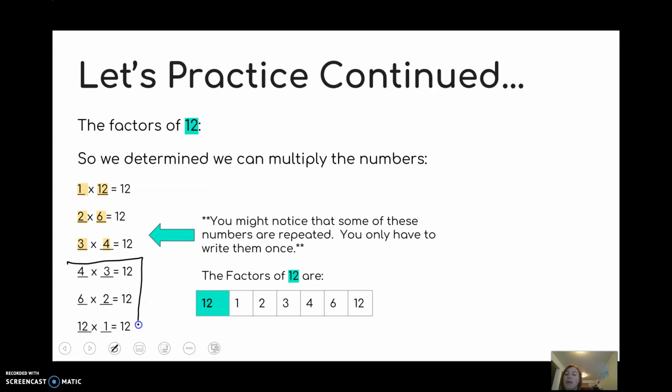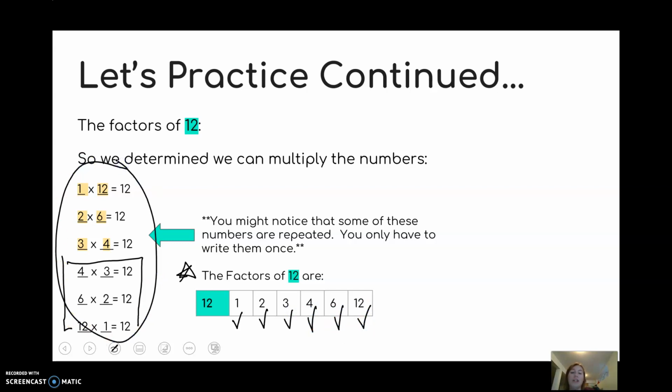These here below are also factors, but we've already listed these numbers above. If we were to create a table of all the factors of 12, we have 1, 2, 3, 4, 6, and 12 listed. That's all of the numbers here. We don't have to write them more than once. We only write them once.